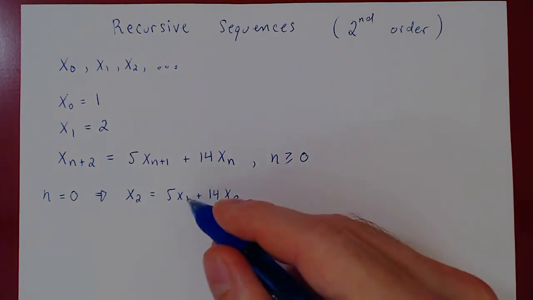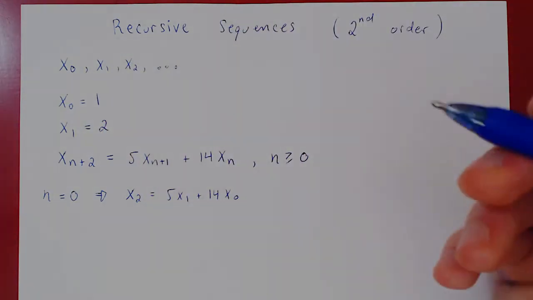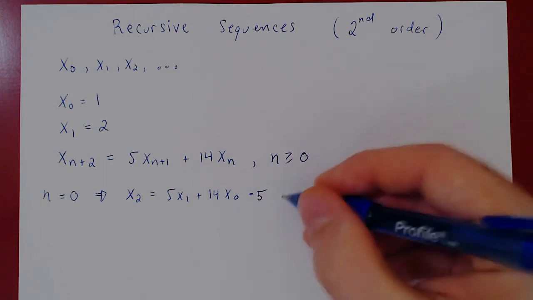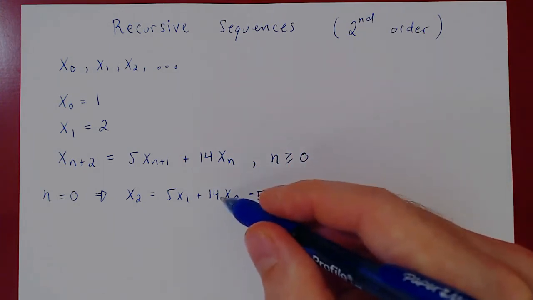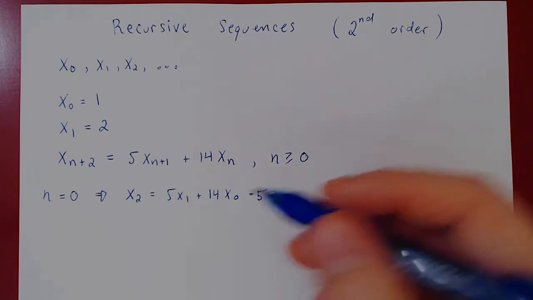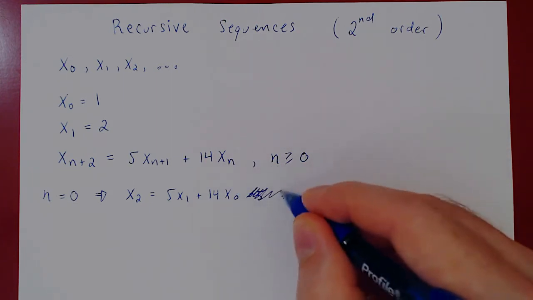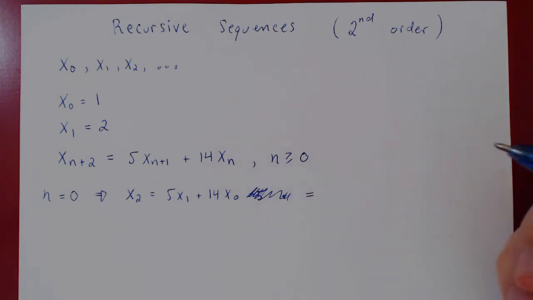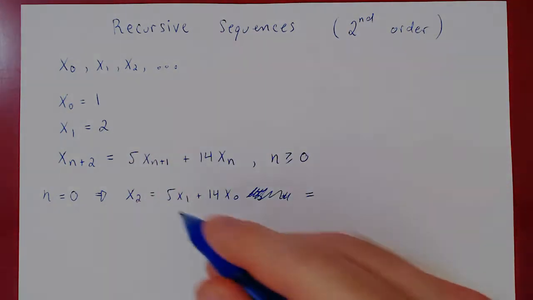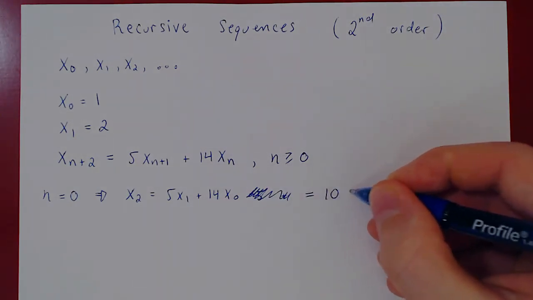But we know x1. Whoops, my bad. 5 times x1. x1 is 2. So 5 times 2 is 10.